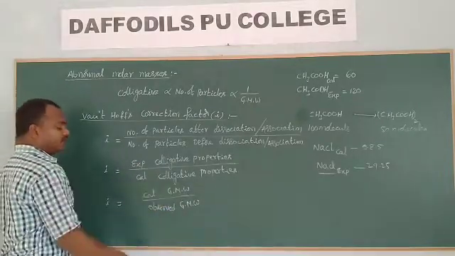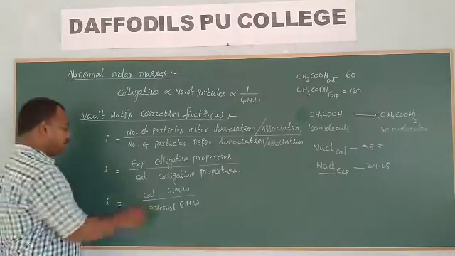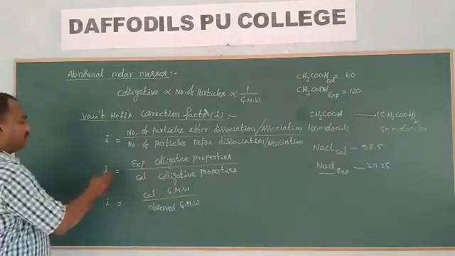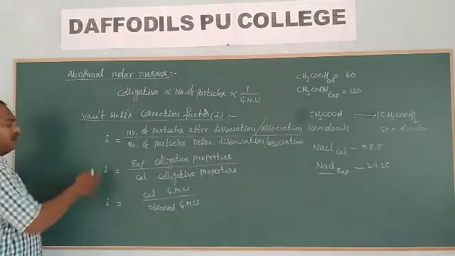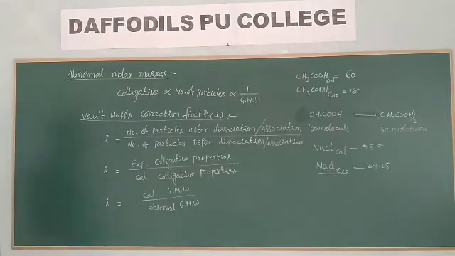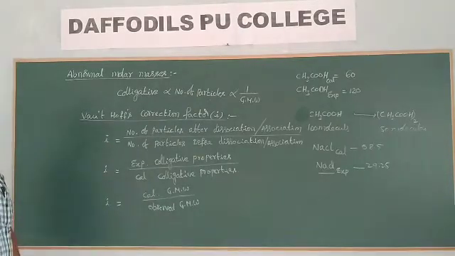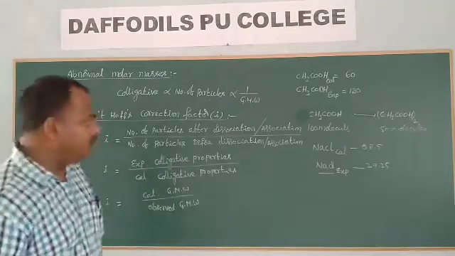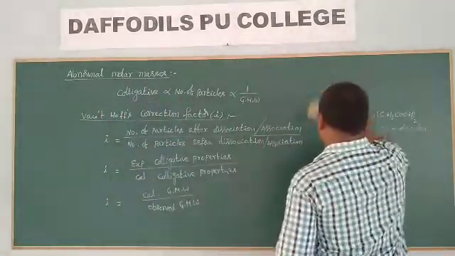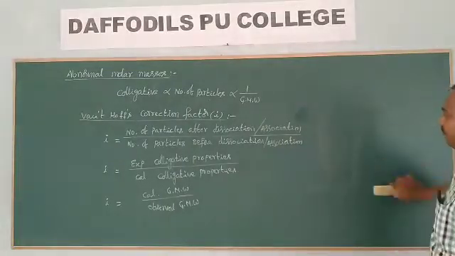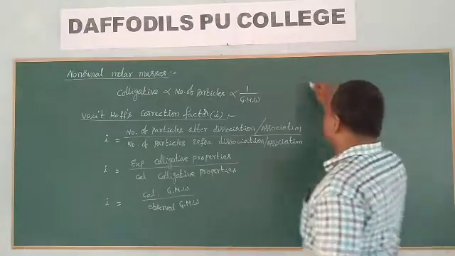Theoretical molar mass by observed molar mass. So when we learn these things, depending on the formula, depending on the problem, we have to use any one of these three to get the correction factor. After getting this correction factor, when we substitute this i factor into colligative properties formulas, we will get the correct answer.